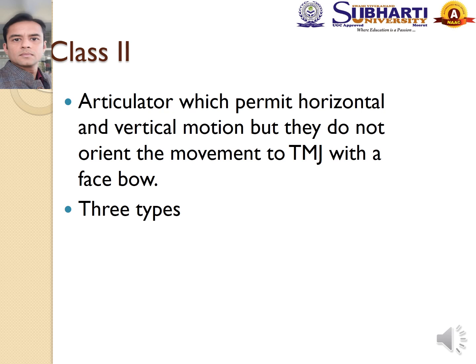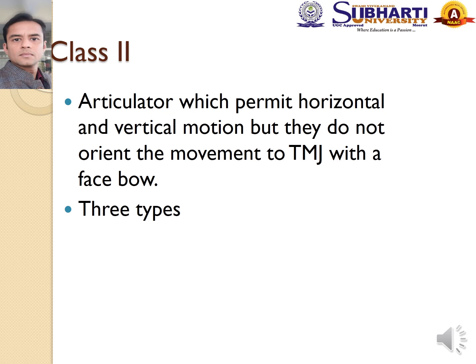So it is just able to slightly reproduce or simulate the x axis and the y axis, that is slight vertical and horizontal movement, but it will not accept a face bow transfer, that is, the orientation jaw relation is not possible in a class 2 type of articulator. So the difference is, in class 1 only vertical, in class 2 vertical as well as horizontal.